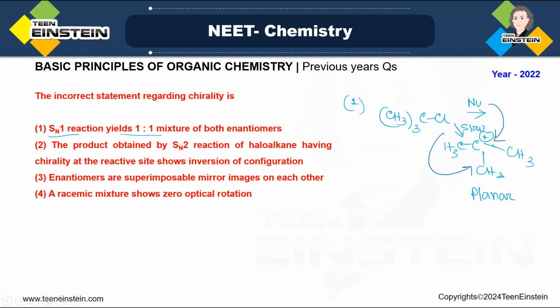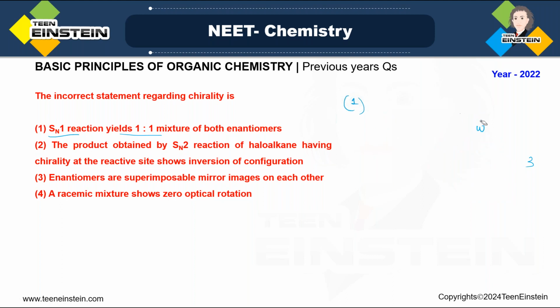Now for the initial chiral center, sorry, here I should draw some chiral center, because when I am placing 3 CH3, it cannot be chiral. So let me write it in this way. Suppose with carbon, there are 3 different R groups, R1, R2, R3, and then there is some leaving group. First there will be formation of this type of carbocation, and this is basically planar.